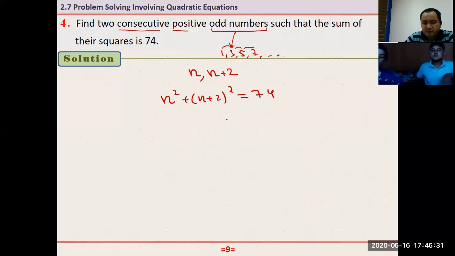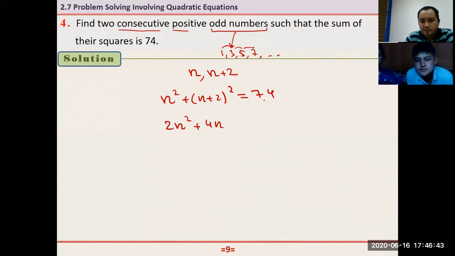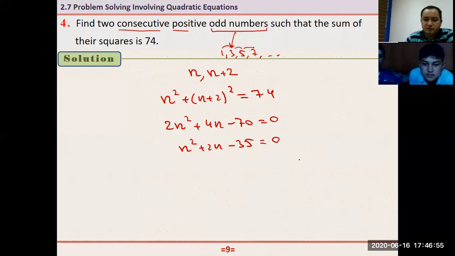Now, if you just solve this faster, after practicing a few questions, you need to speed up. You need to be able to solve faster. So here we have 2n squared plus 4n plus 4 minus 74, that is minus 70, is equal to 0. Divide by 2: n squared plus 2n minus 35 is equal to 0.